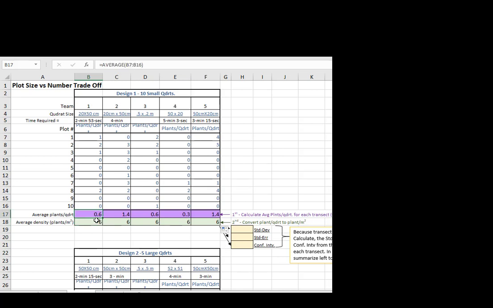Sorry, let me redo this. So to get my density, I'm going to take this value of 0.6 and divide it by my 0.2 times 0.5, because each of my quadrats was 20 by 50 centimeters.